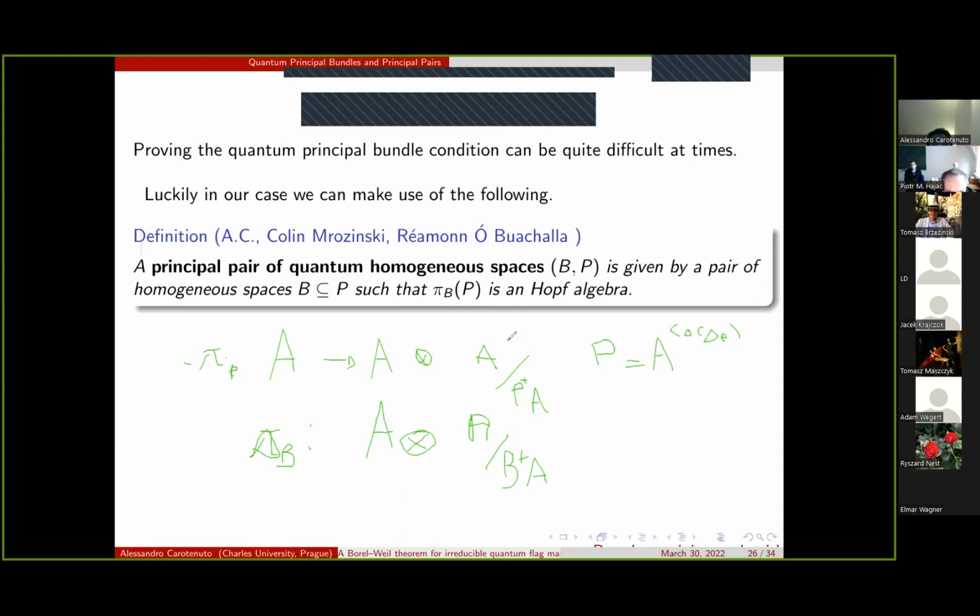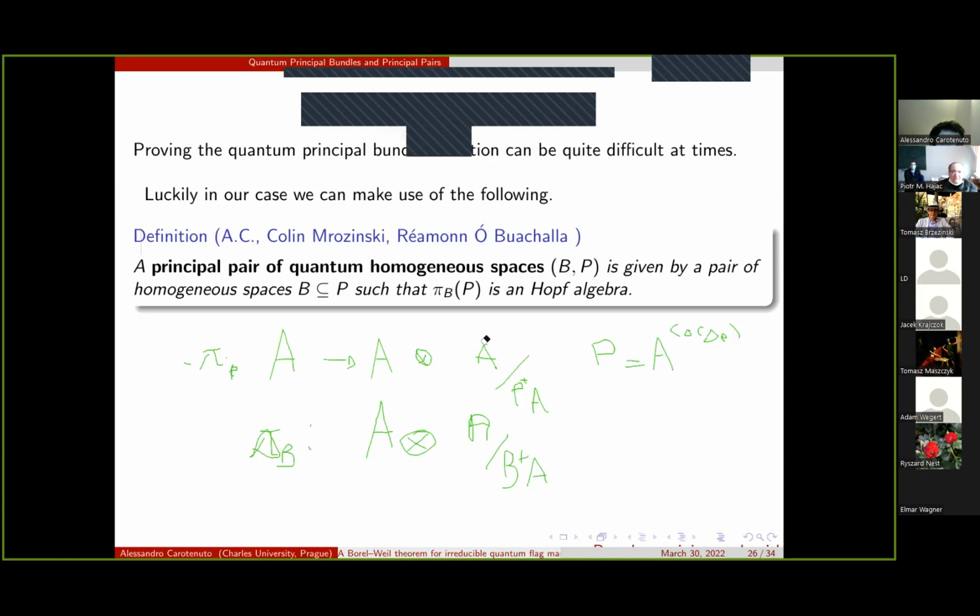So you cannot call it a quotient; you mean a quotient map. Quotient map, yes, sorry. When you restrict the quotient map, which is from A to A divided by B plus A, to P, which is a subalgebra of A. Yes, exactly. Thank you, now I understand.